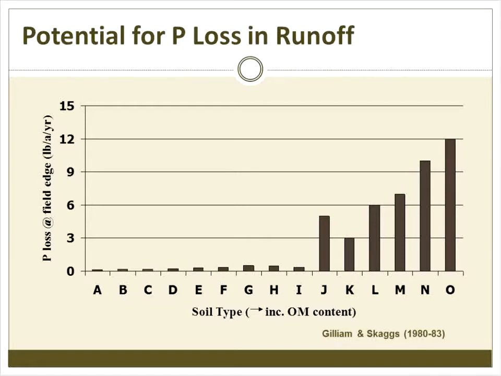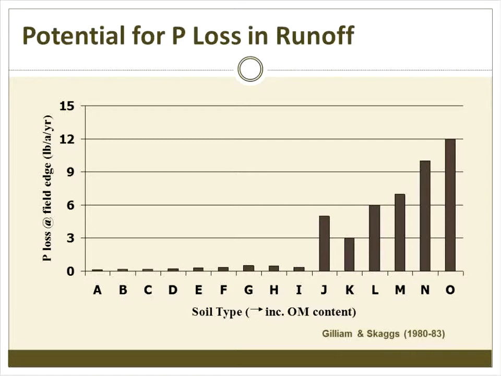The y-axis is the phosphorus loss at the field edge in pounds of phosphorus per acre per year. The soil type is on the x-axis. We have very sandy textured soils here and going into loamy soils. As your organic matter increases, the amount of phosphorus that you lose through the soluble processes increases dramatically.